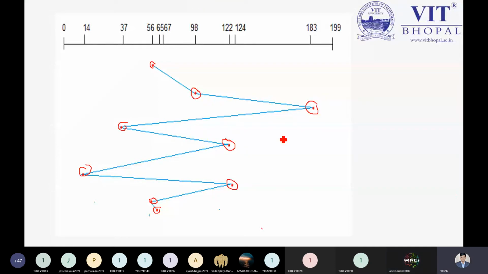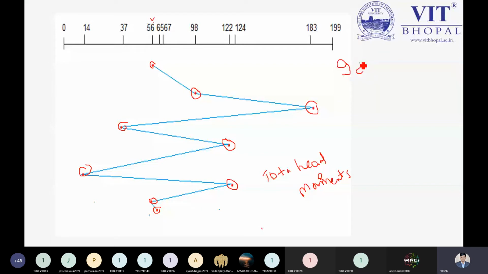I'm asking a simple question: the total head movement. Eight, sir? No, it's not a total of 8 head movements. Nine, sir? No. You were on the first point, that was 56. You are coming from 56 to 98.